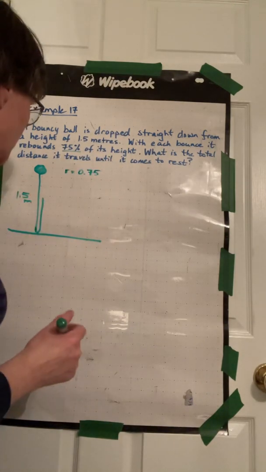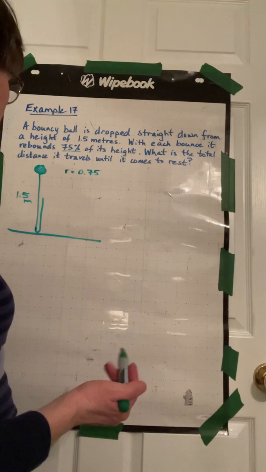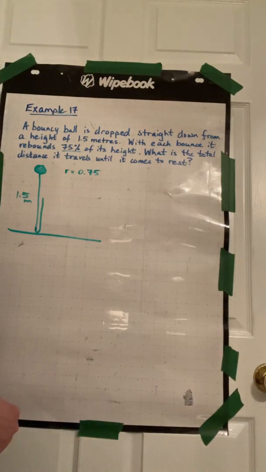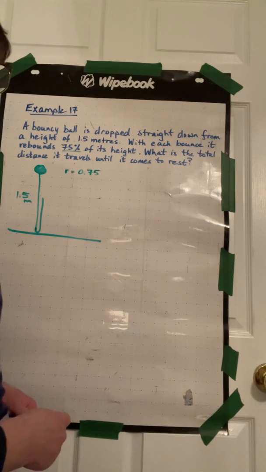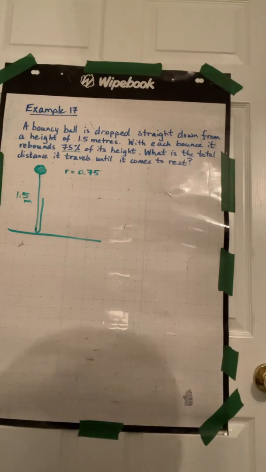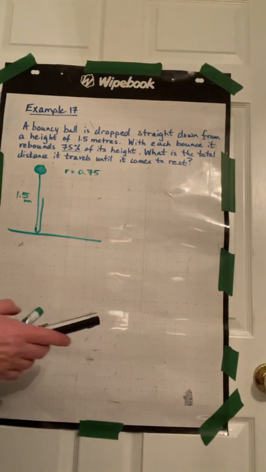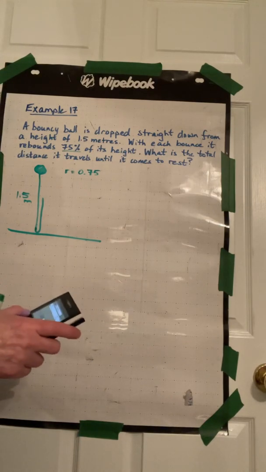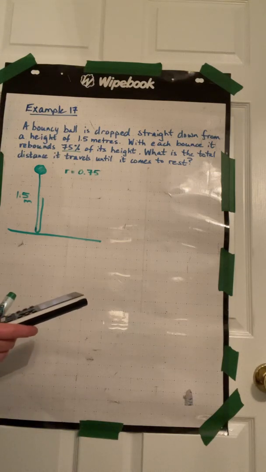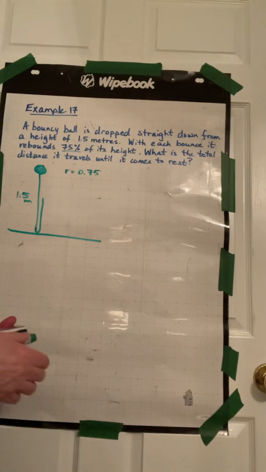So 75% of the height of 1.5, for example, let's just figure it out so we can see what those numbers look like. 1.5 multiplied by 0.75 would be 1.125.